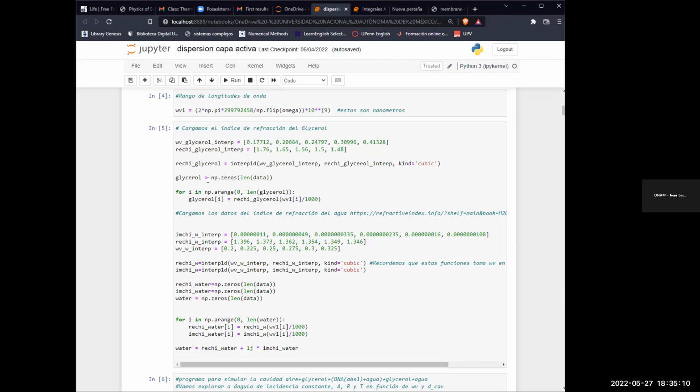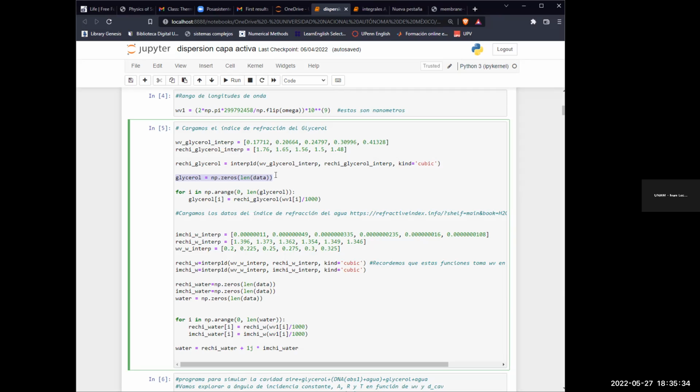Okay, I'm simulating the vesicle membrane with a layer of glycerol. Glycerol is an important component of current cell membranes. That's another detail that we have to correct.